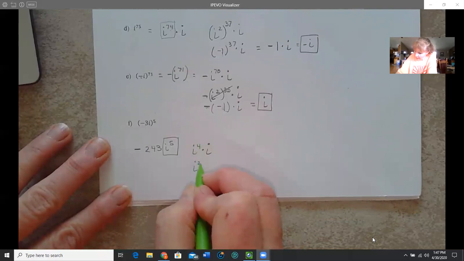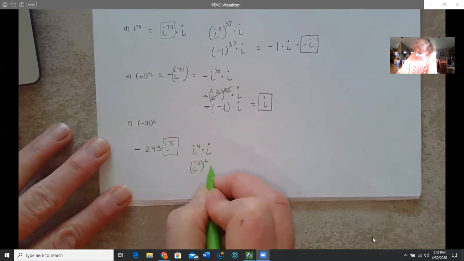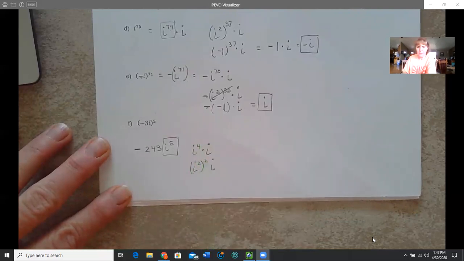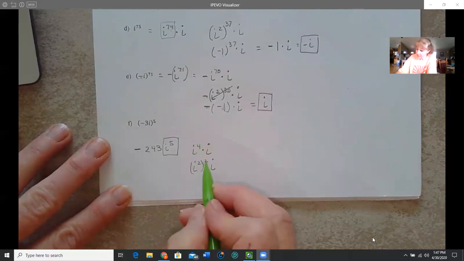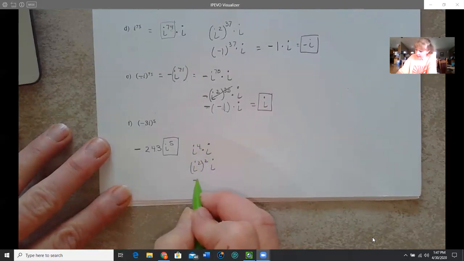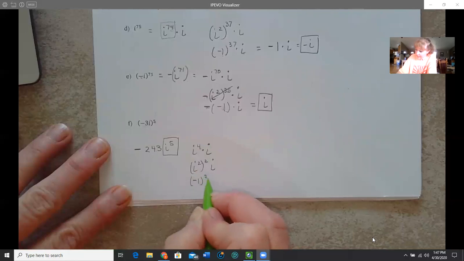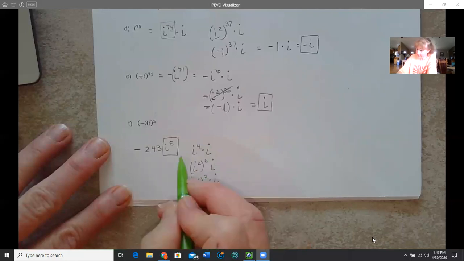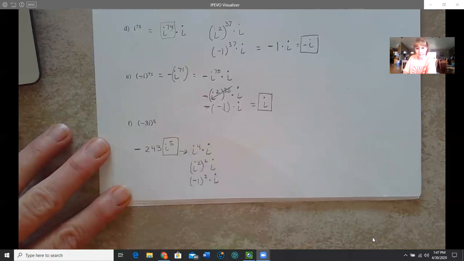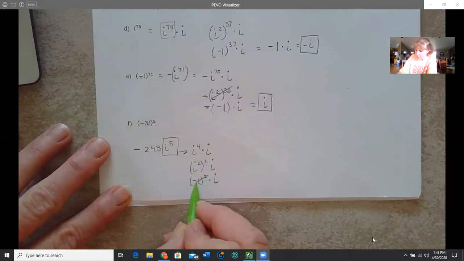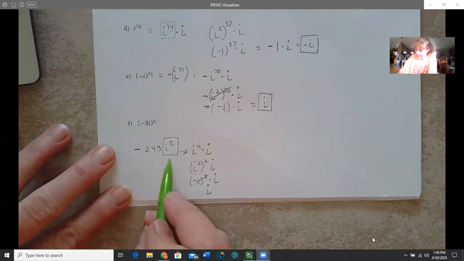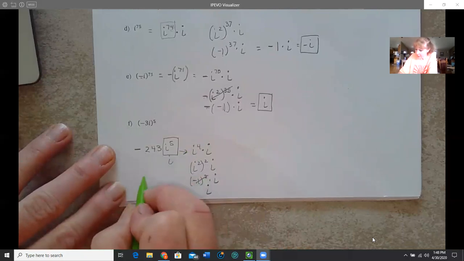This is i squared, squared, because 2 times 2 is 4. This is a negative 1 squared. So we're just doing this part right here. This is even, so that's a positive then. So positive 1 times i, which is i. So we take our i times a negative 243.